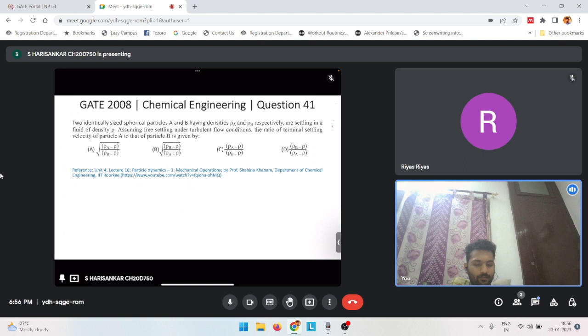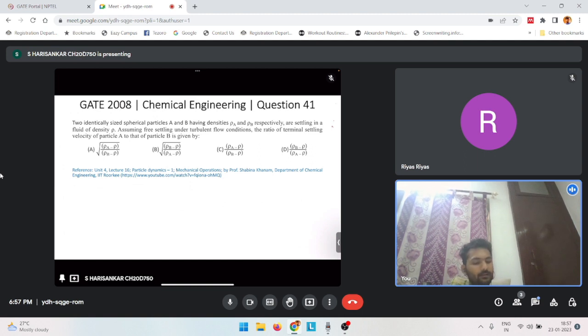So this is a question from GATE 2008 from Chemical Engineering. Question number 41. Two identically sized spherical particles A and B having densities rho A and rho B respectively are settling in a fluid of density rho.